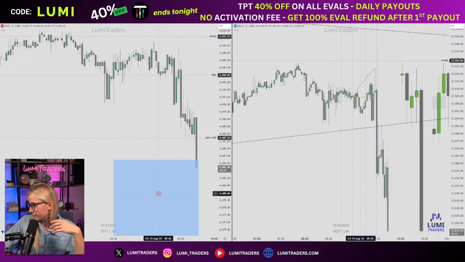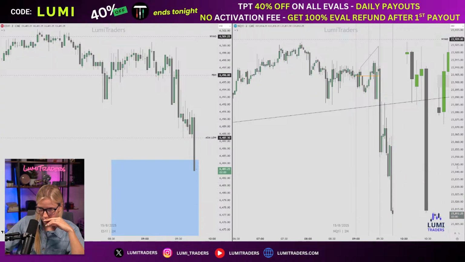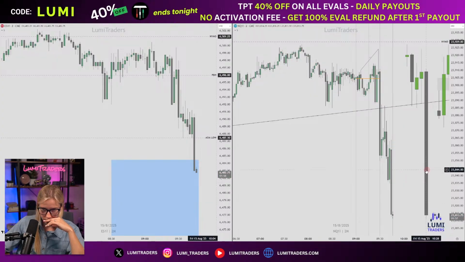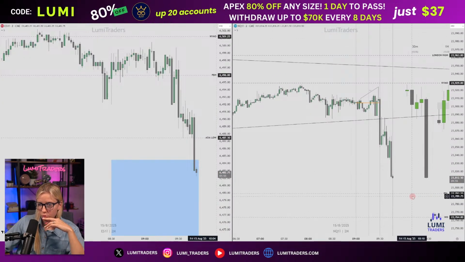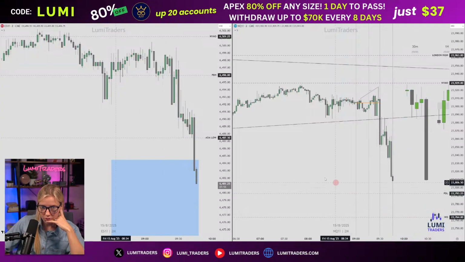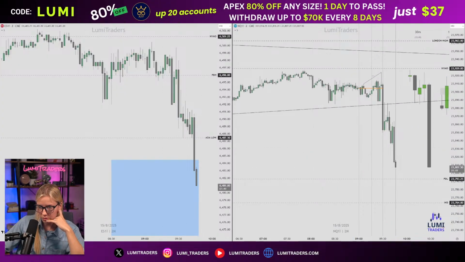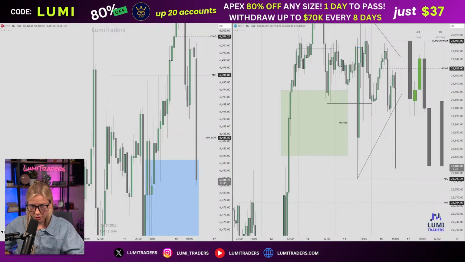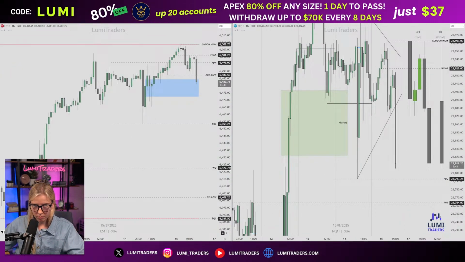We have news at 10. Approaching previous day low level and weekly open, new week opening gap on NQ. So I do like this move lower. Honestly, I expected this move lower yesterday, not today, but that's fine.